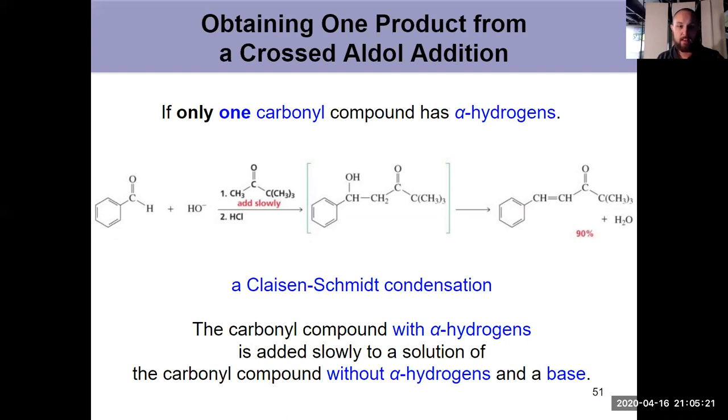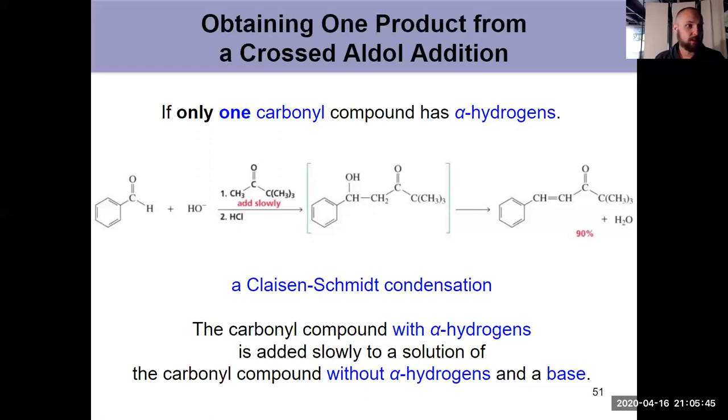That order is important because when you put in the thing that has the alpha hydrogen, it'll get deprotonated to form an enolate, and then it's a game of probability. It's going to react with the thing that's higher in concentration, which is the other reactant that doesn't have the alpha hydrogen. So here we're maximizing our yield of our desired product.